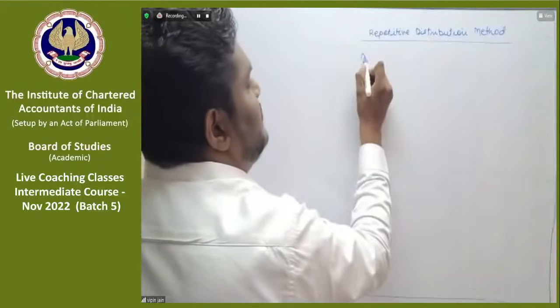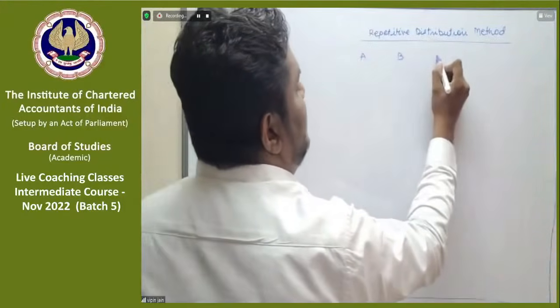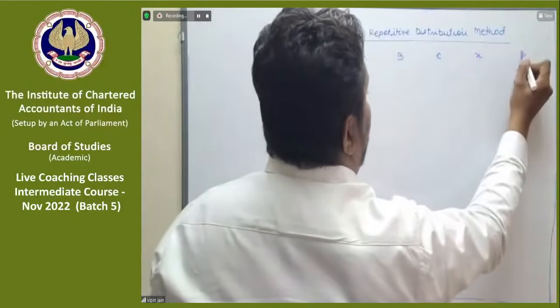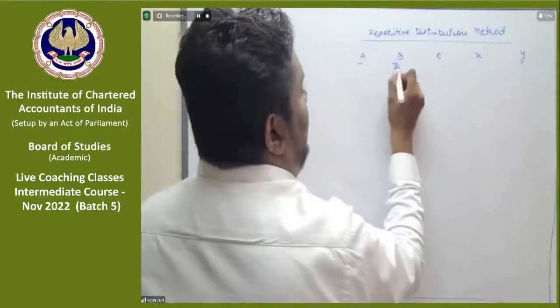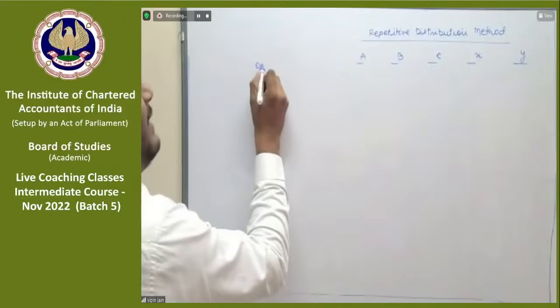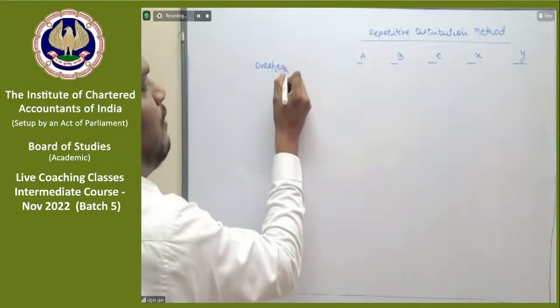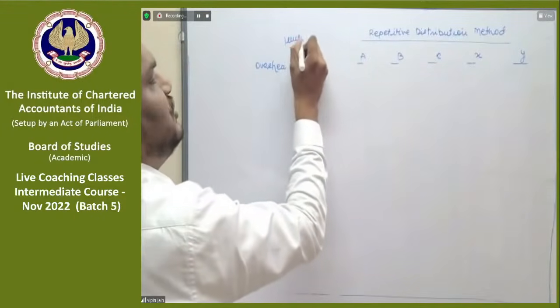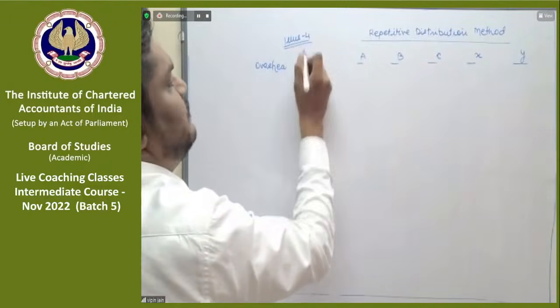As per the primary distribution, there are 3 production departments and 2 service departments, X and Y. And now we have the total overheads of all these departments, that is overheads as per primary distribution. I am discussing illustration number 4 using repetitive distribution method, guys.